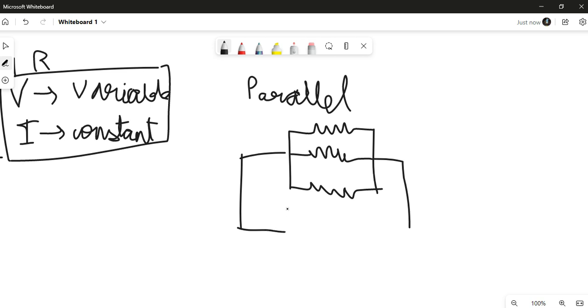This is connected with a battery that offers a voltage V. Let the resistances be R1, R2, R3, and assume that this voltage offers some current I, which passes through the circuit.